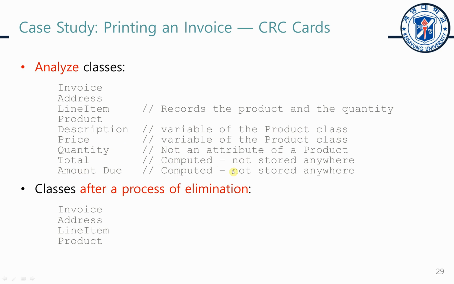They are data to be computed, not stored anywhere. So after this analysis, you discard some of the nouns, and you are left with invoice, address, line item, and product.